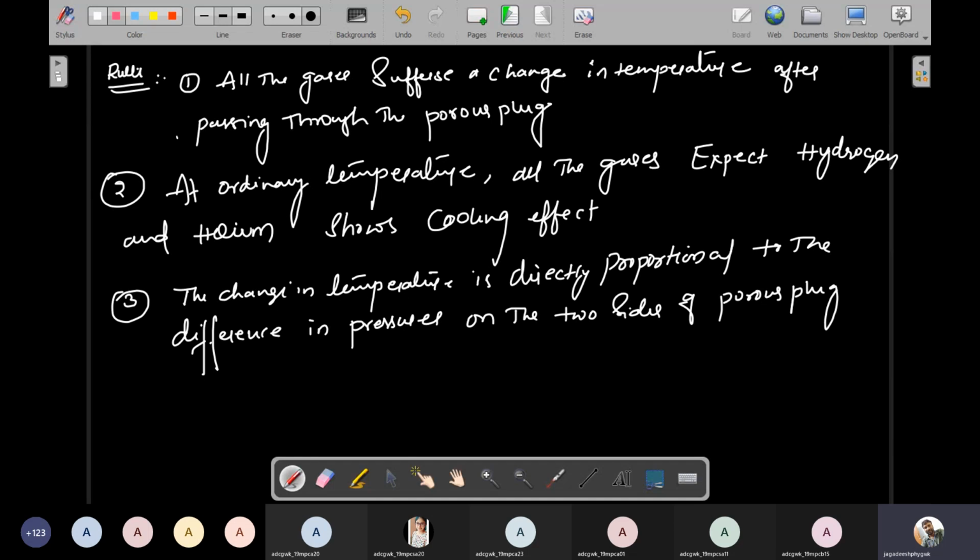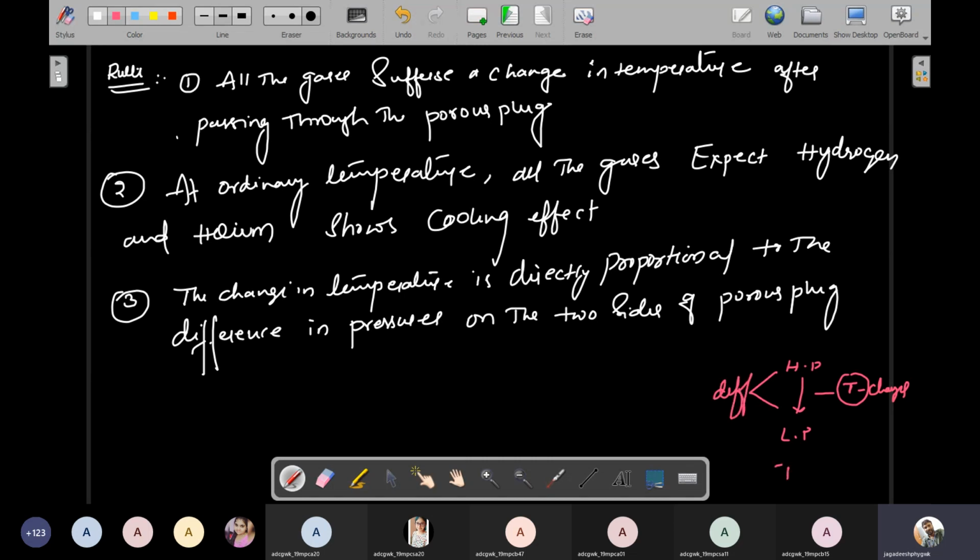when a gas travels from high constant pressure to low constant pressure, then its temperature changes. Okay, that means whatever the change in temperature, this temperature change is directly proportional to the difference of these pressures.